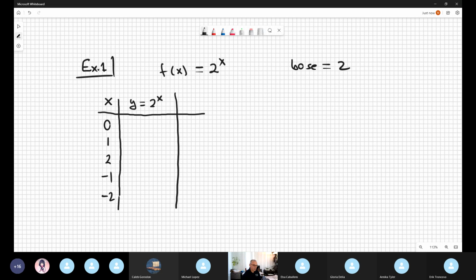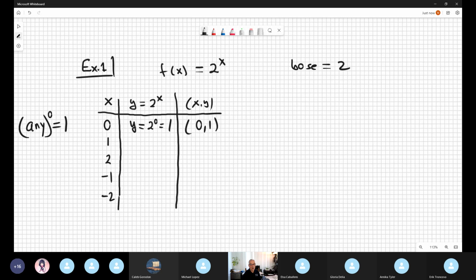And here I put x comma y, que es the point I plot on the rectangular coordinate system. So now x equals 0, y would be 2 to the 0. I need to know that any number or expression raised to the 0 power is always equal to 1. Now the point is 0, 1.